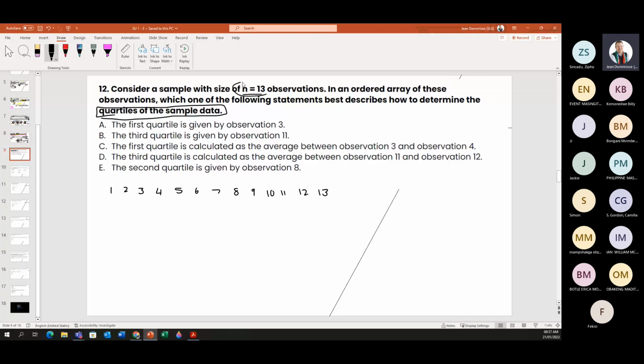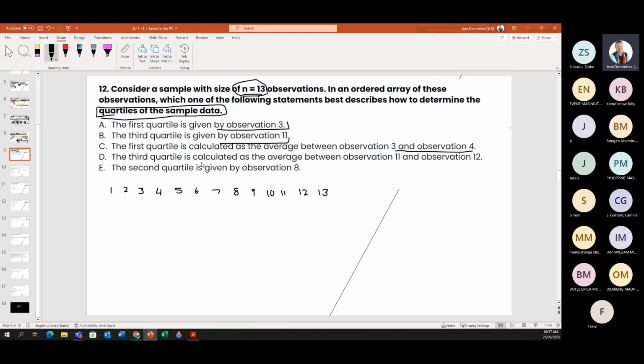So we've got the 13 observations. Okay, so the first quartile is given by observation 3, the third by observation 11. The first quartile is calculated as the average between 3 and 4.